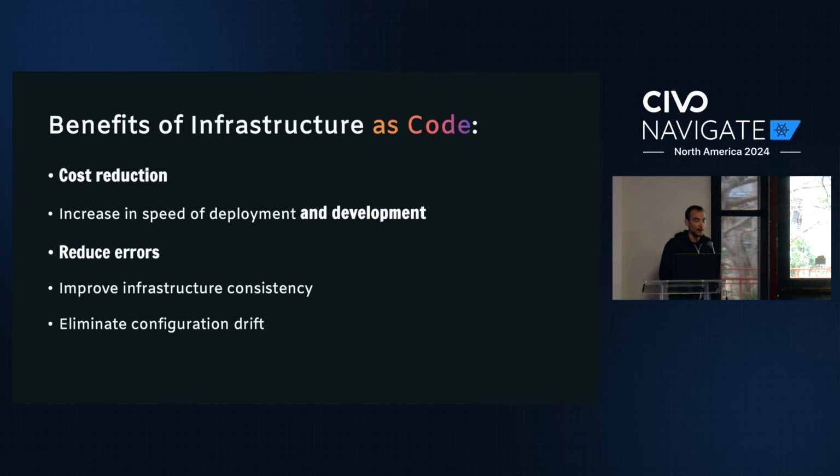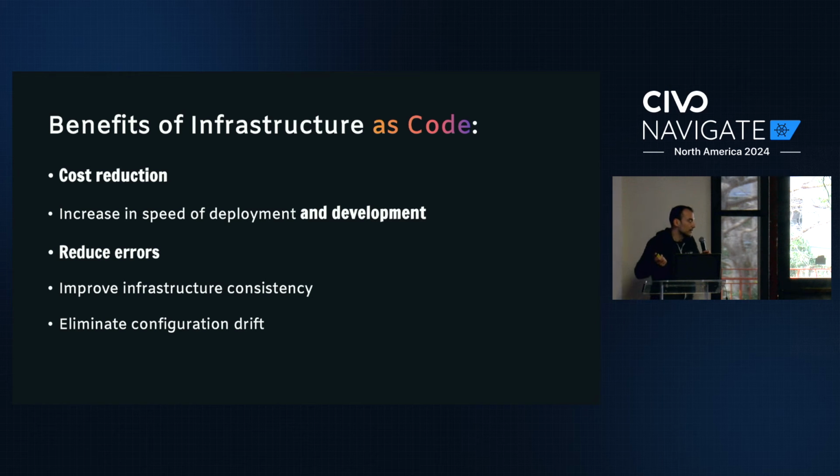I can say, okay, for a developer or for persons who are already using Python, using the Pulumi SDK is just a new library. I get the squiggly lines if I put something wrong. I have the type safety. I know, okay, this is now a string, this is now a number, and so on. So cost reduction, speed of development.